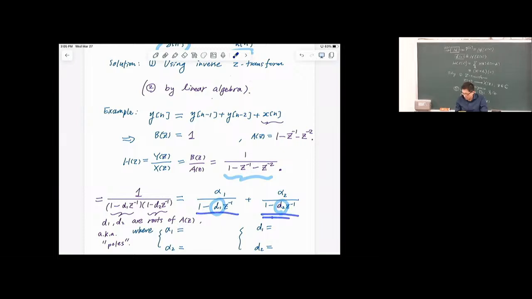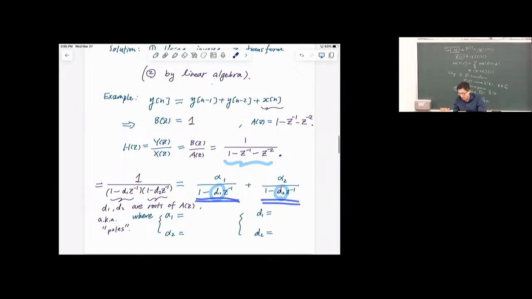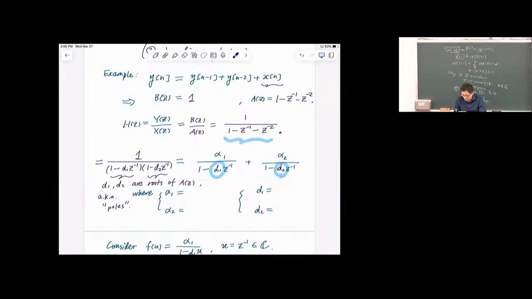From this intermediate step, which can always be done, I recommend that we further decompose the product into sums like that, where we also need to determine the coefficients alpha 1 and alpha 2 on top. There are a few ways of determining alpha 1 and alpha 2.